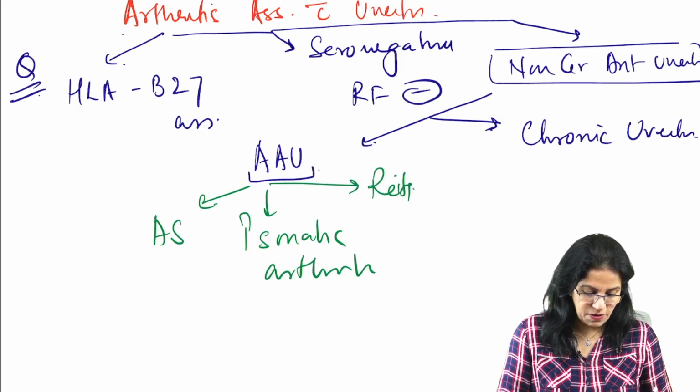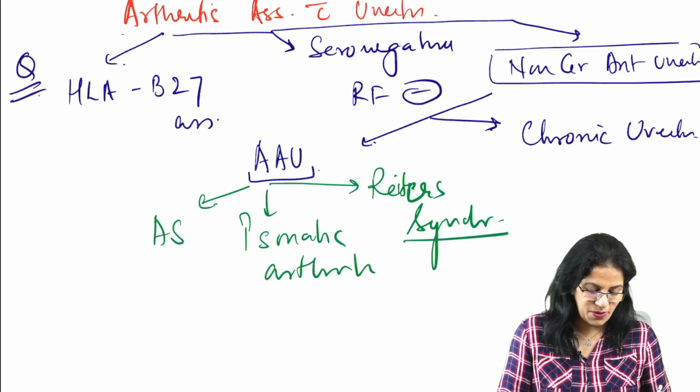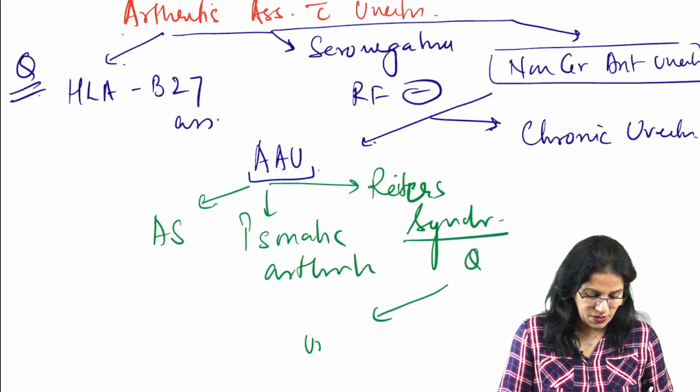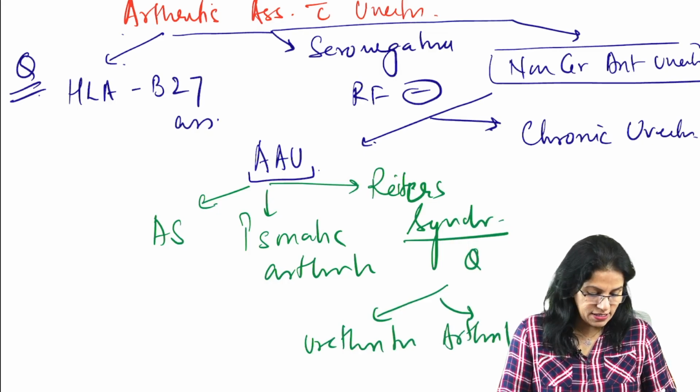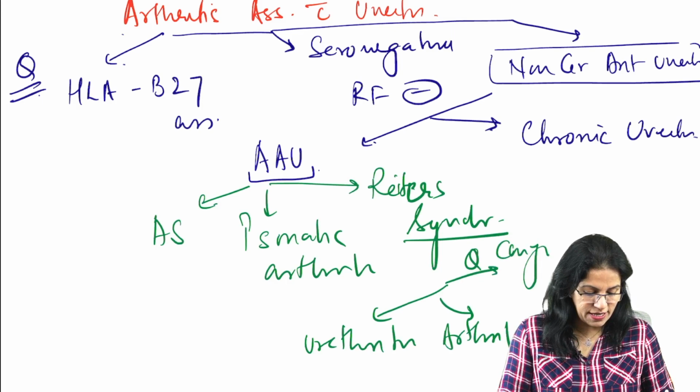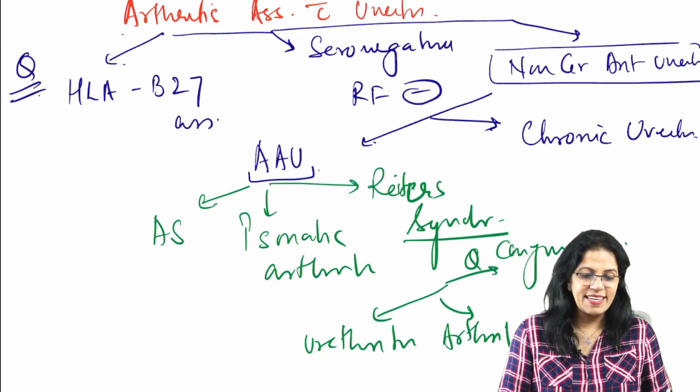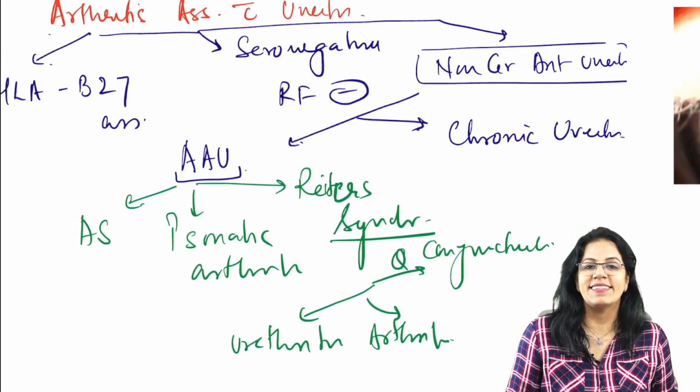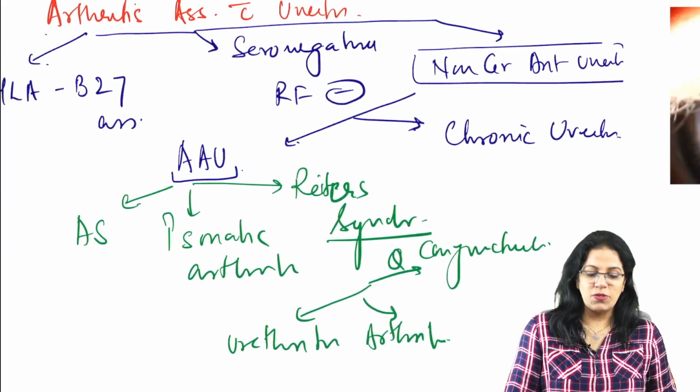Everybody knows the triad of Reiter's syndrome. These are all important questions. Of course, it is urethritis, arthritis, and conjunctivitis. The typical triad, we don't say uveitis, we say it is conjunctivitis.